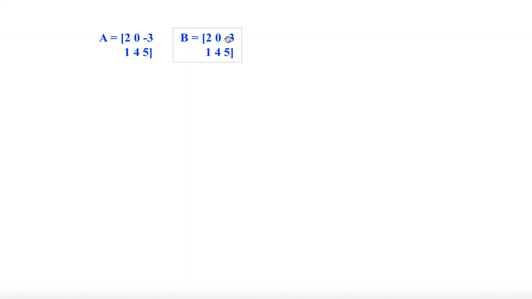The first row is 3 1, next is minus 1 0, next is 4 2. This is B, a 3 by 2 matrix.